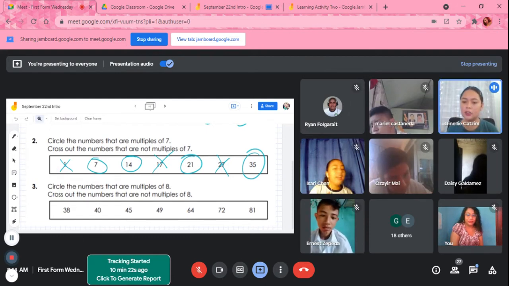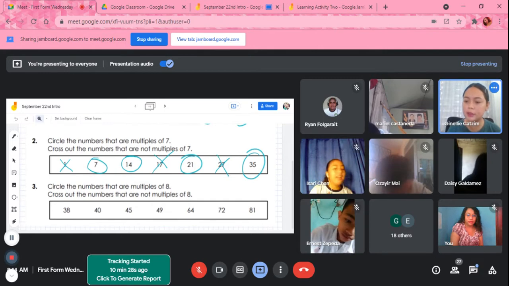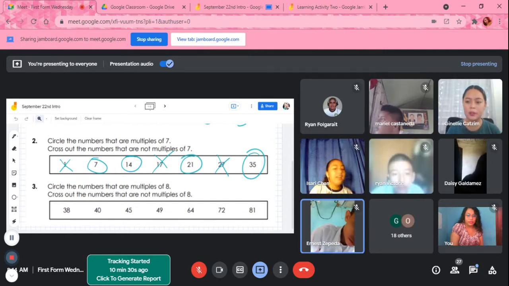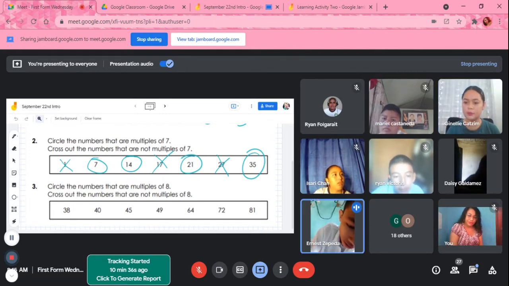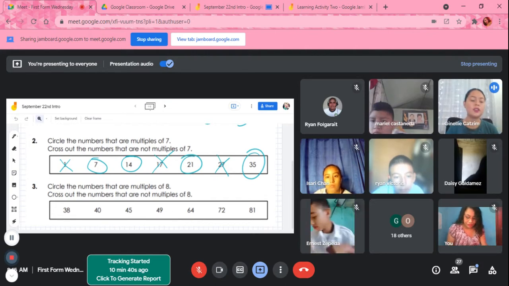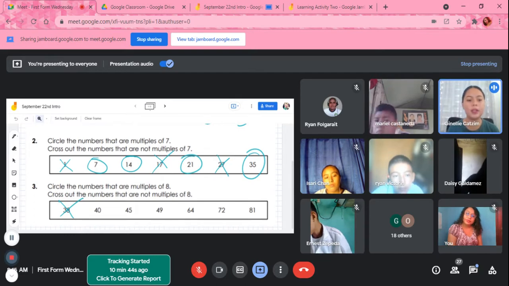Let me call on Ernest. Is 38 a multiple of 8? No, miss. Why would you say it is not a multiple of 8? Because you cannot multiply a number by 8 to reach that number. Correct. Therefore, 38 is not a multiple, right?